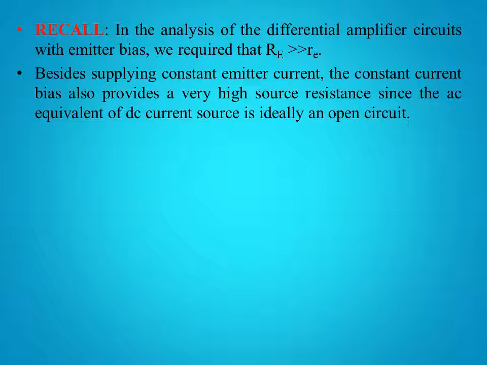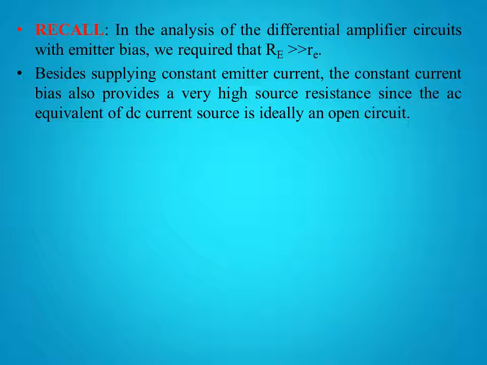Now when we replace RE, the emitter bias circuit, by a constant current bias circuit, then also, because the Q3 circuit is providing constant current, it behaves as though it is a DC battery. And because a DC battery behaves as an open circuit in AC analysis, it provides very high resistance.